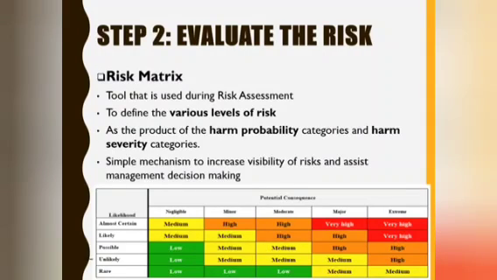It is a tool that is used during risk assessment to define the various levels of risk as the product of the harm probability or harm likelihood categories seen vertically listed in the image as almost certain, likely, possible, unlikely, or rare, and harm severity categories listed horizontally in the image as negligible, minor, moderate, major, and extreme.